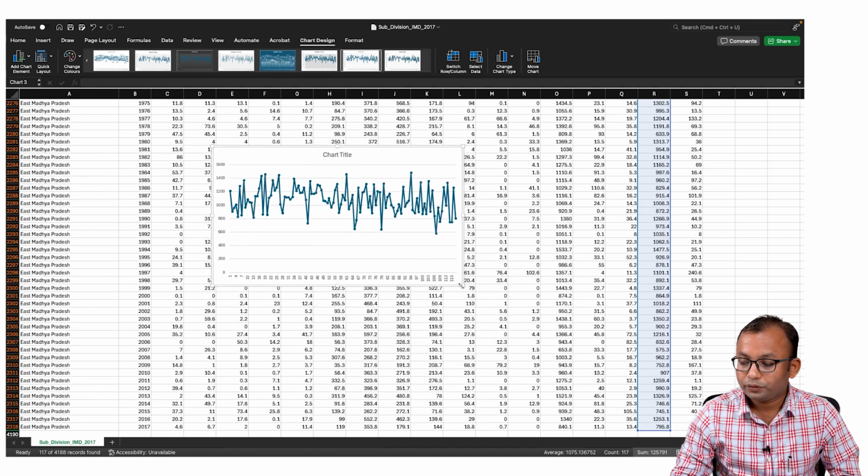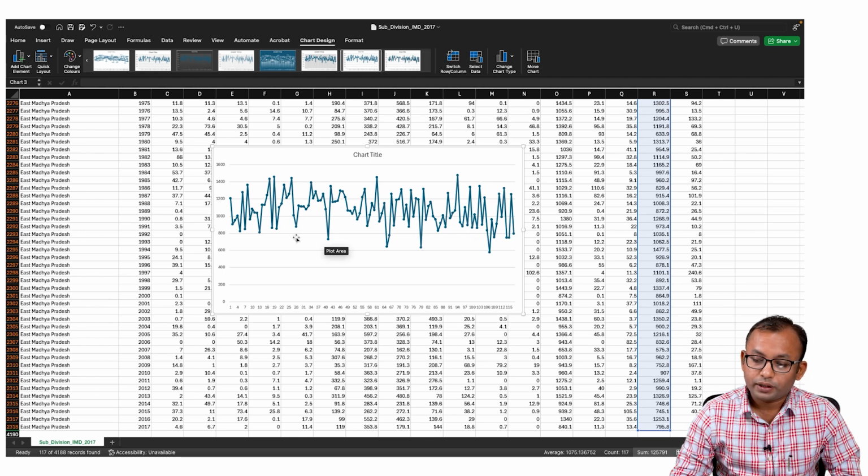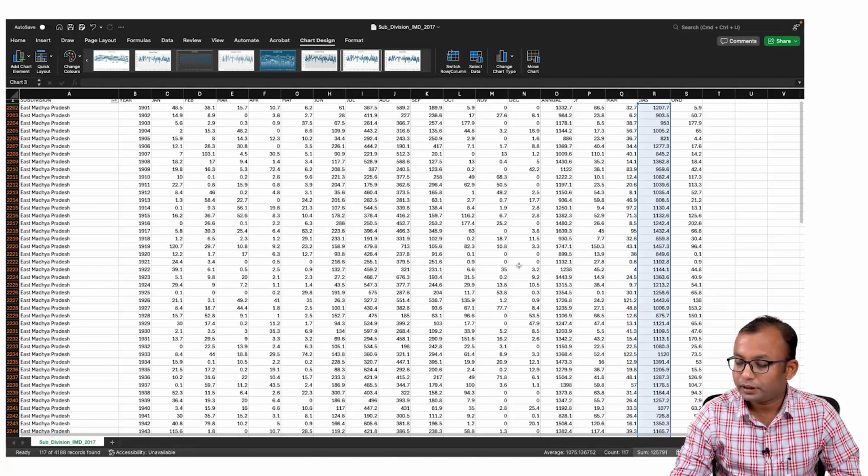You can see that there are values representing the monsoon level fluctuation of East Madhya Pradesh across different years. You can see that there are several years very recently where we received a very huge amount of rainfall during the monsoon period, which is JJAS, right.